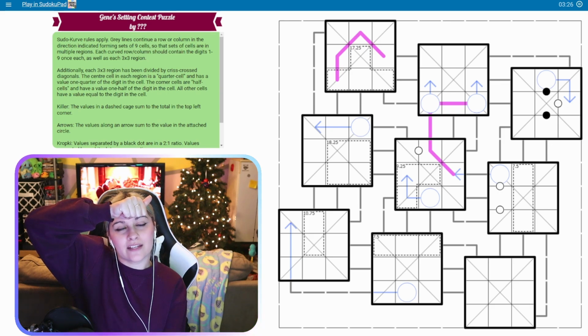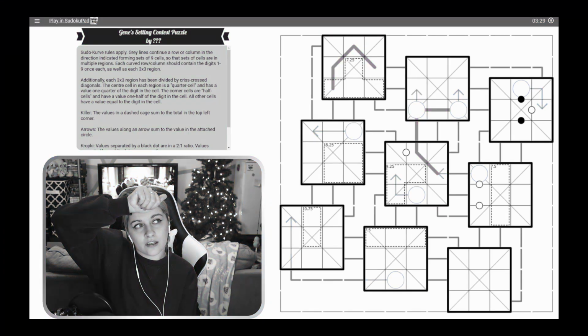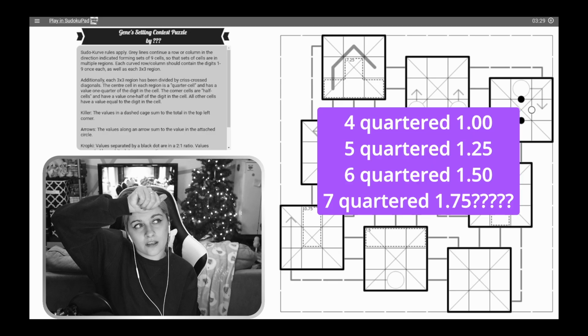Is it 1.75? 1.75 plus 1.75. I think I can explain better what's going on in my head at this point because I'm sure somebody out there agrees with me. 4 quartered is 1.0. 5 quartered, 1.25. 6 quartered, 1.5. It makes sense that 7 quartered is going to be 1.75.